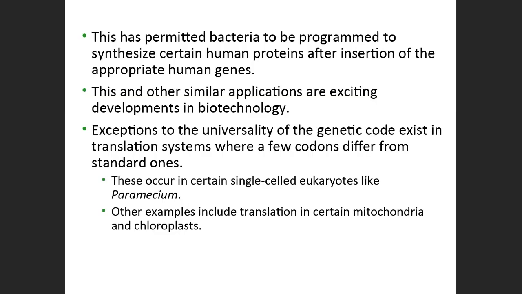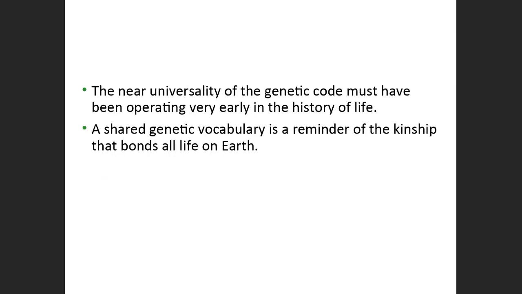But still, the majority of the code is the same for every organism. And that suggests that it evolved a very long time ago. It also suggests we all came from a common, universal ancestor.